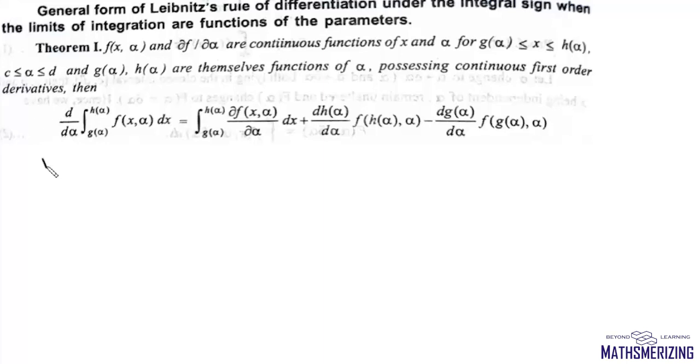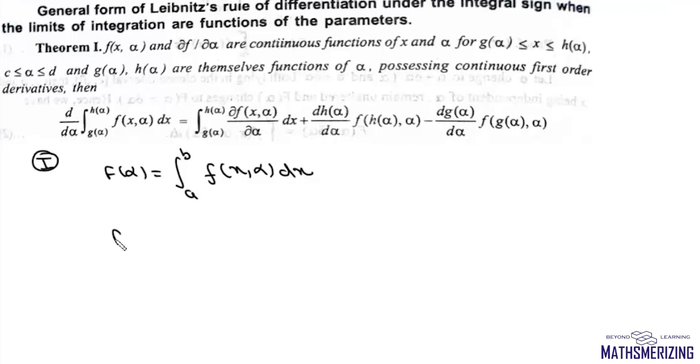Now the first form is, suppose we have an integral where the limits are constant. We have a function f which has some parameter alpha. So it will be the integral from a to b of f(x, alpha) dx. Once we solve this integral, it will be some function of alpha, say capital F(alpha).